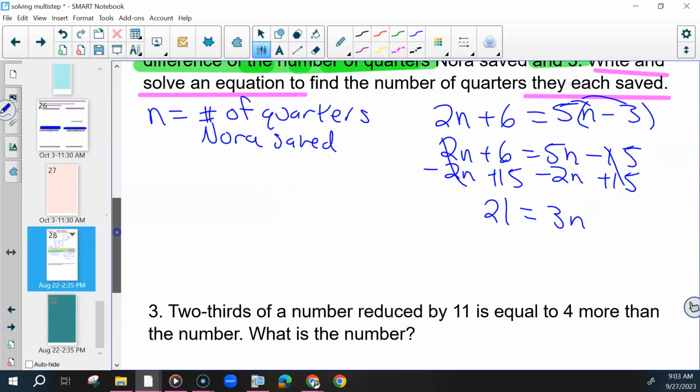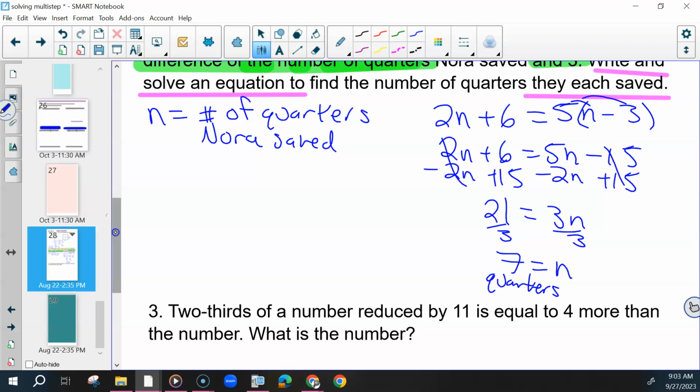And then divide both sides by 3. So we know Nora has 7 quarters saved.